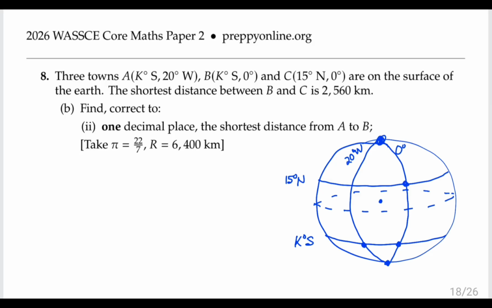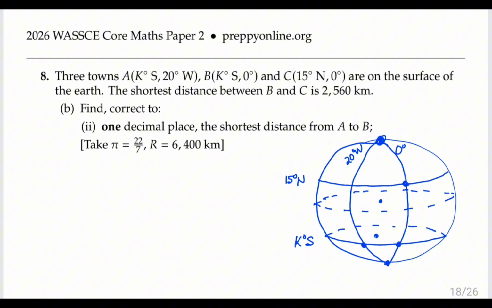Now the question is, we should find to one decimal place the shortest distance from A to B. Now remember we said that this latitude is actually a plane, just as the equator is also a plane. And so it's a plane cutting the earth, and when it does that, it gives a circle.